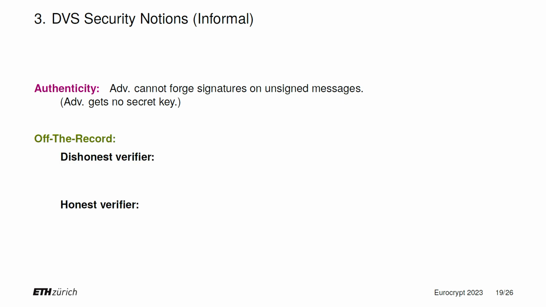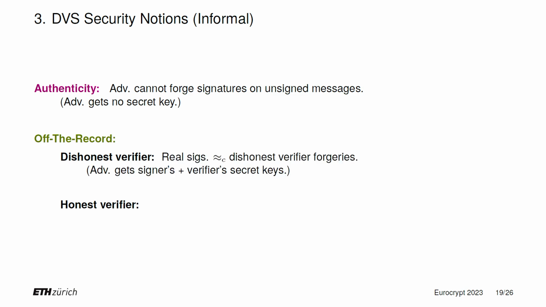Either the verifier is dishonest or the verifier is honest. When the verifier is dishonest, we want that real signatures are indistinguishable from forgeries created by the dishonest verifier using his own secret key. And here, the adversary gets both the signer's secret key and the verifier's secret key.